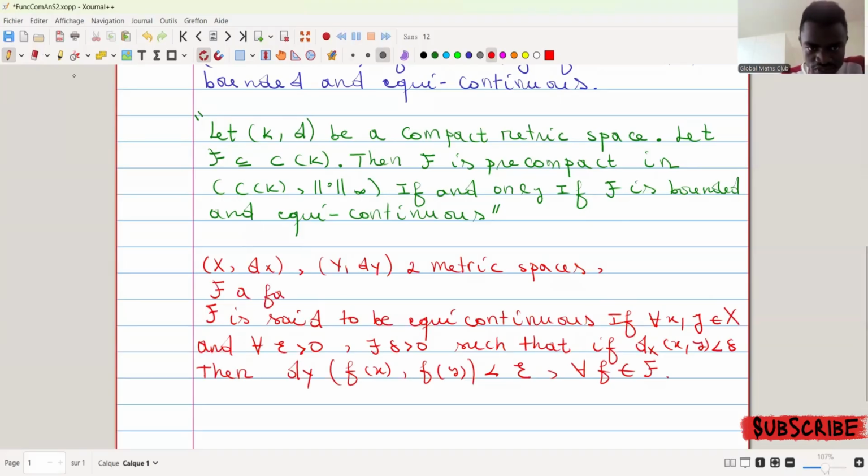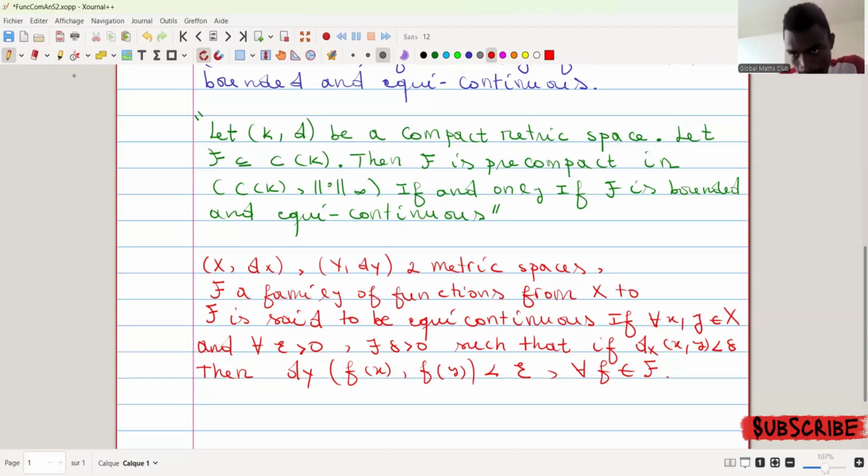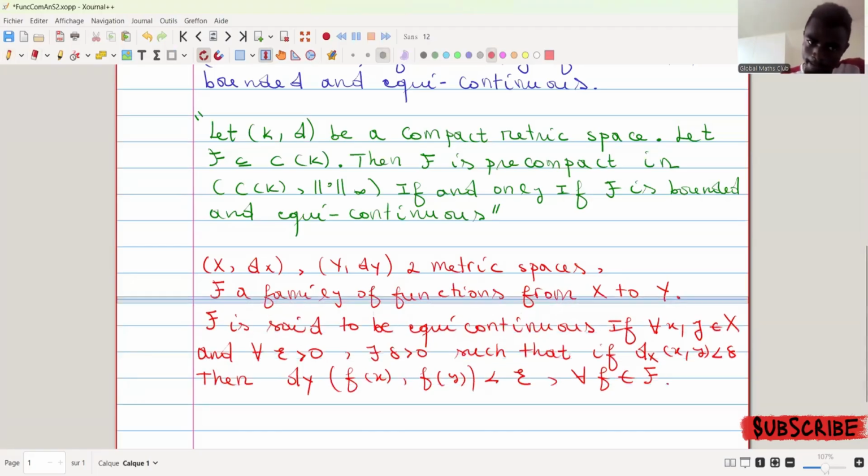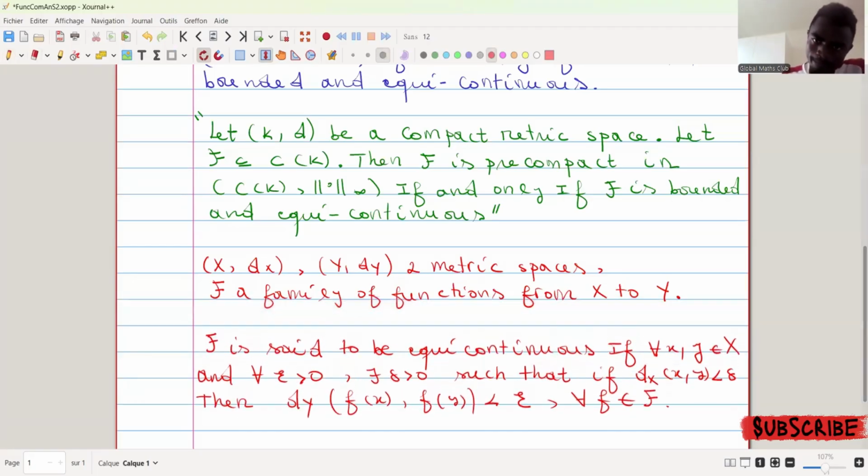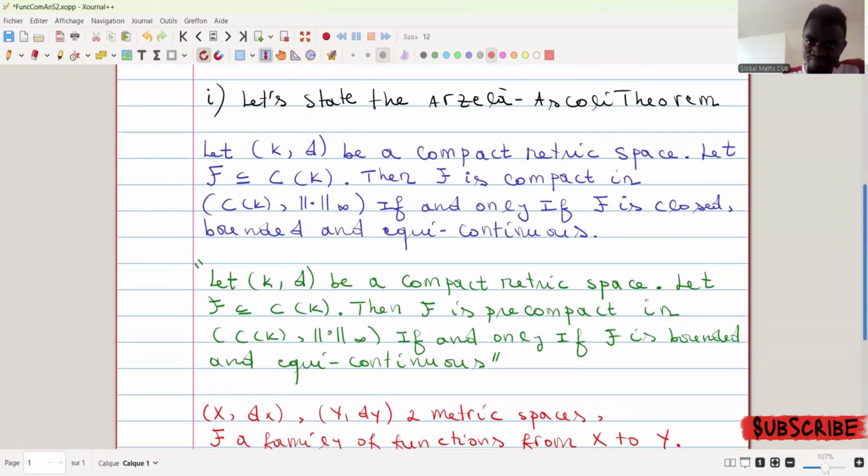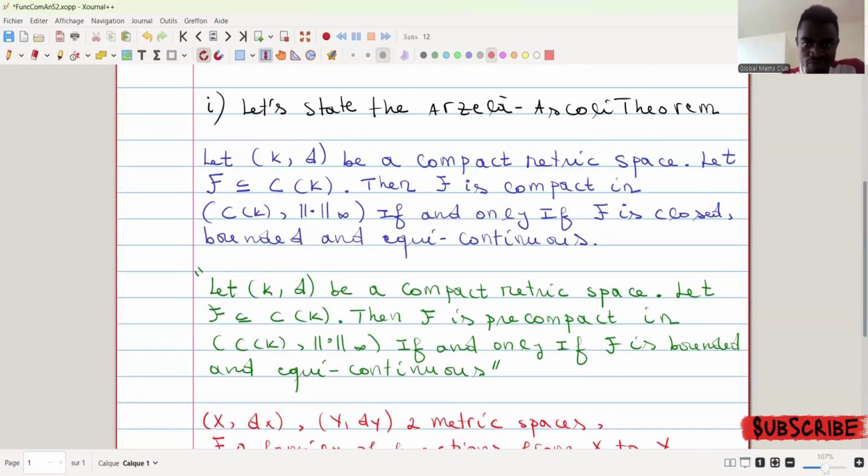A family of functions. Okay. As I said, the theorem is just what is written in blue or what is written in green.